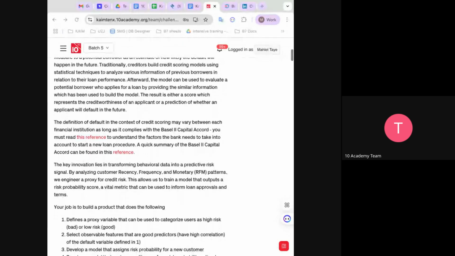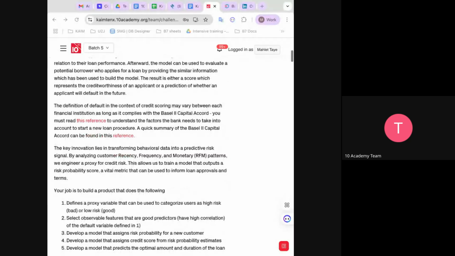So your main goal is to define these proxy variables, categorize high-risk and low-risk customers, and observe the features that highly predict this, along with the correlation between the features that you have. If a person spends too much on unnecessary things, maybe you can flag that, or you can take the pattern. If a person doesn't engage with your e-commerce platform for the past 30 days, maybe that's another sign.